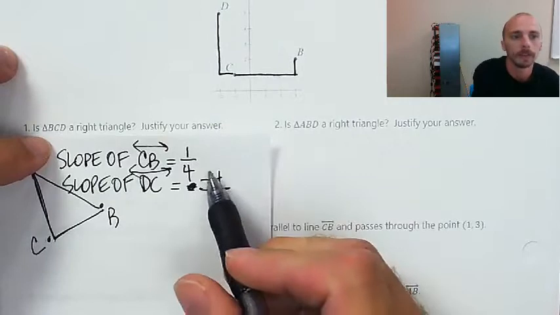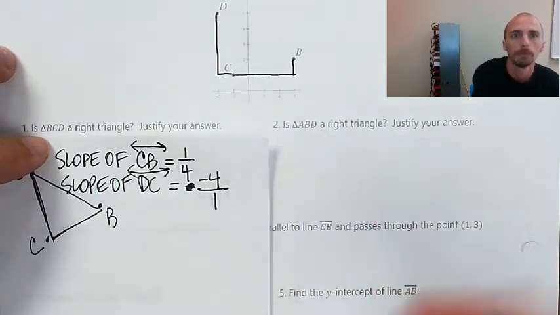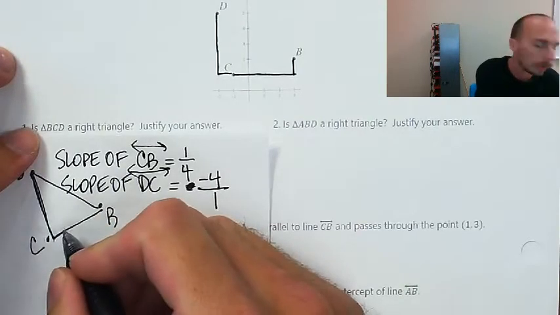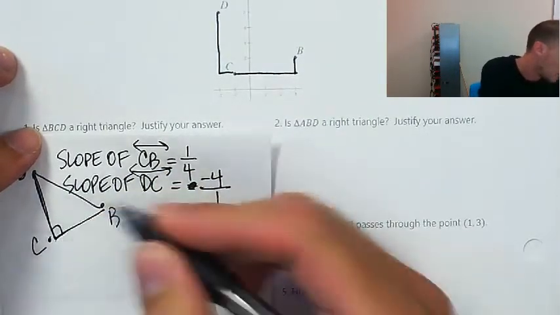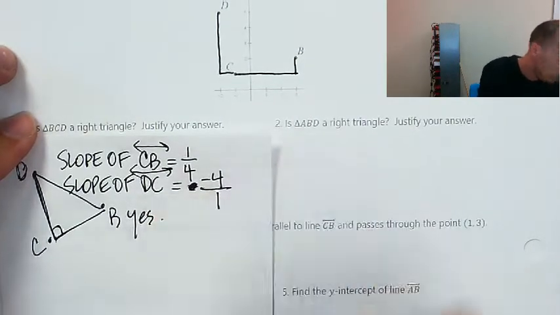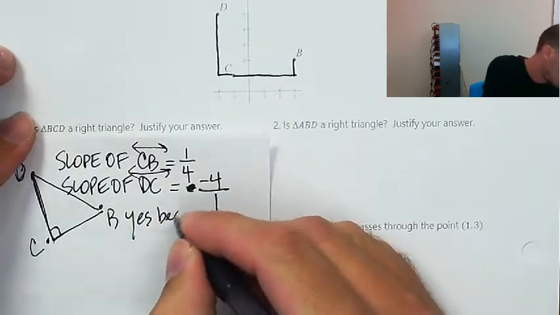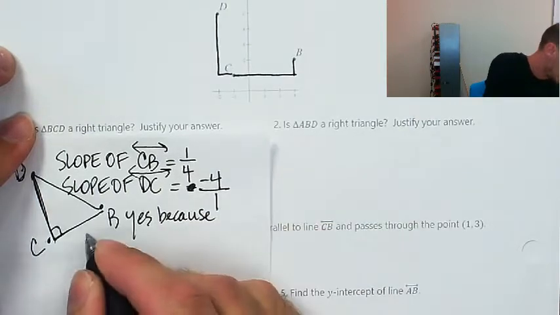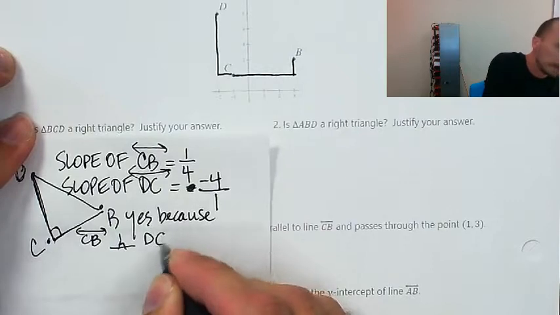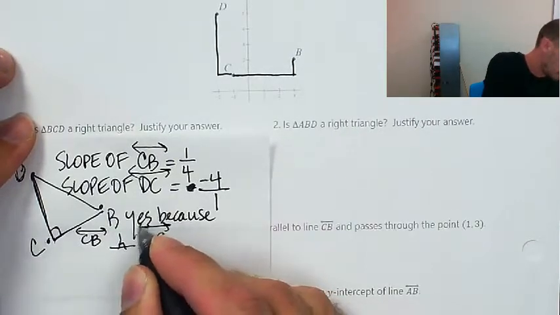And I see that since they're opposite reciprocals, I've got two perpendicular lines here. And so I know they meet at a right angle, and I know that, yes, it's a right triangle. Yes, because line CB is perpendicular to line DC. You can see that.